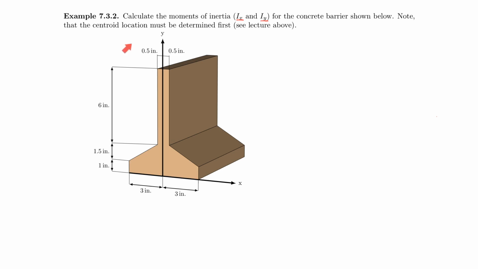Note that this problem also asks that the centroid location must be determined first. And we have done this in a previous example, so I'm just going to put that information in here. I believe we had this calculated somewhere right there. Let me look that up for you. But first, I'm going to put this information in here.